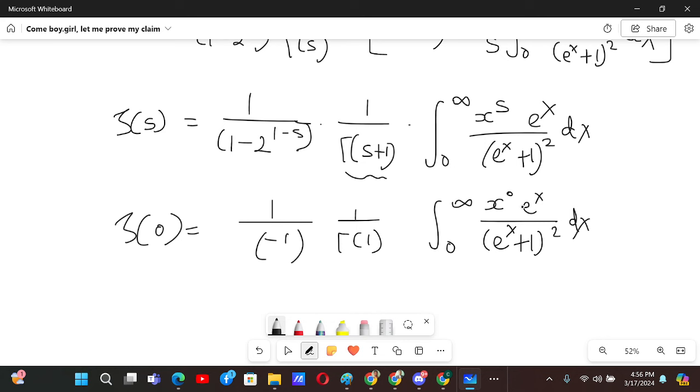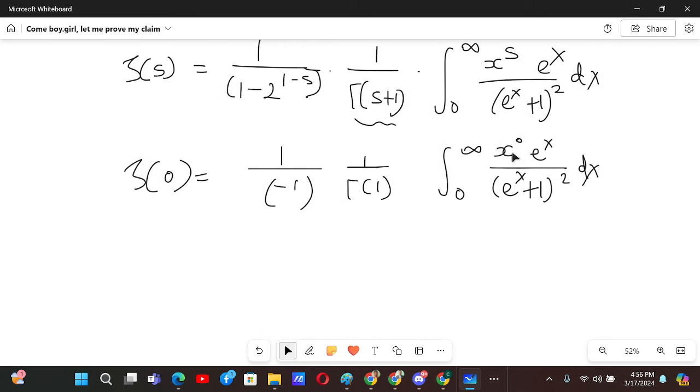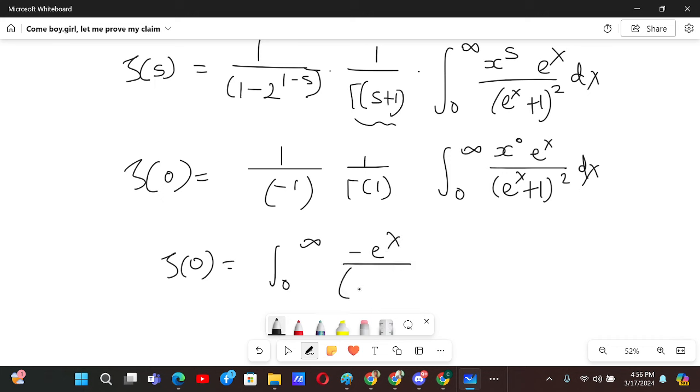Now we can take the minus 1 inside the integral, and that gives us the integral from 0 to infinity of minus e to the power x by e to the power x plus 1 whole square dx.